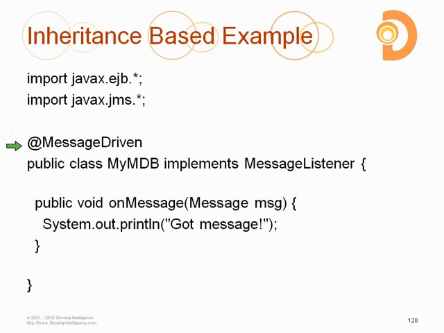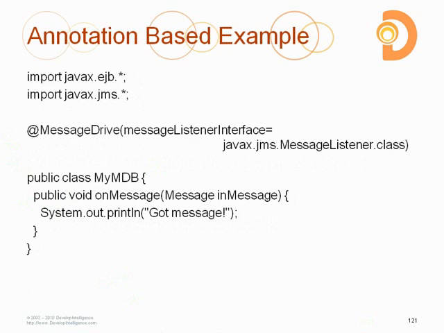The other option is to do purely annotation-based, and in this annotation-based example, you'll notice there's a slight typo. It should say message-driven instead of message-drive. But you'll notice that I specified the listener interface as an attribute of the annotation. And then I need to make sure that I actually provide the appropriate implementation for that interface.